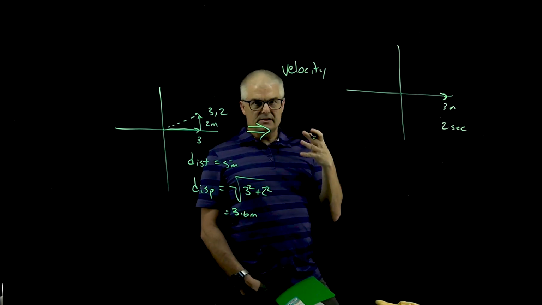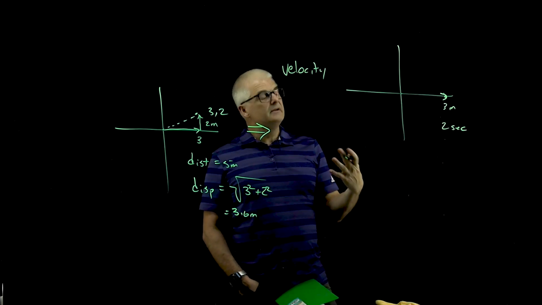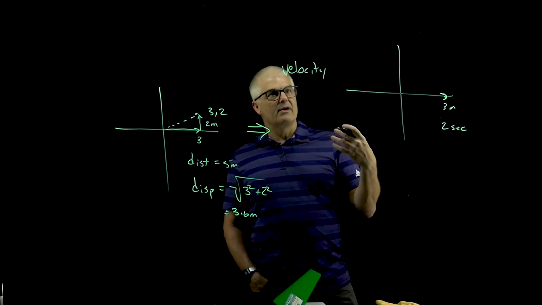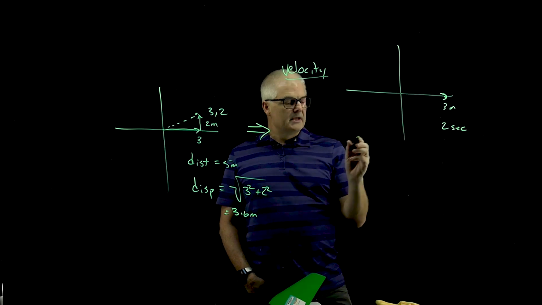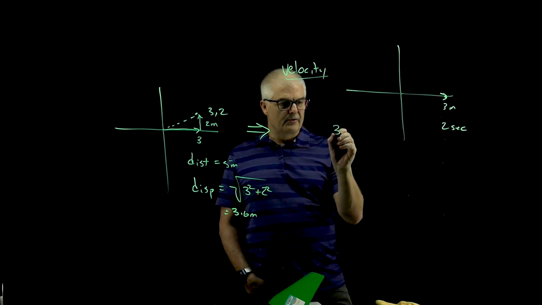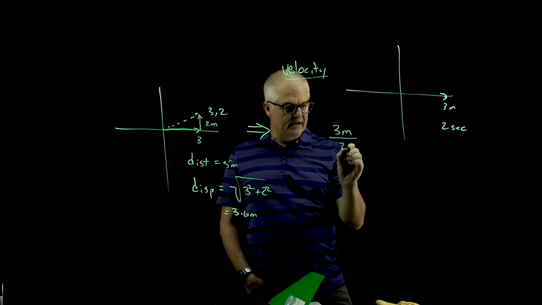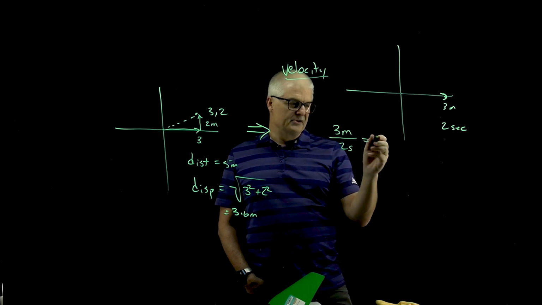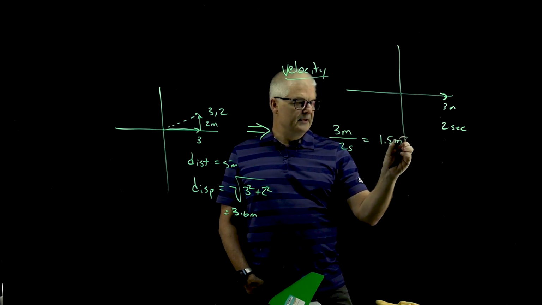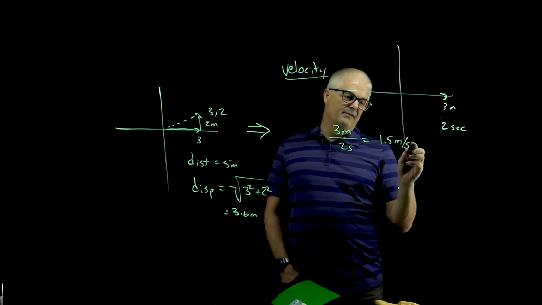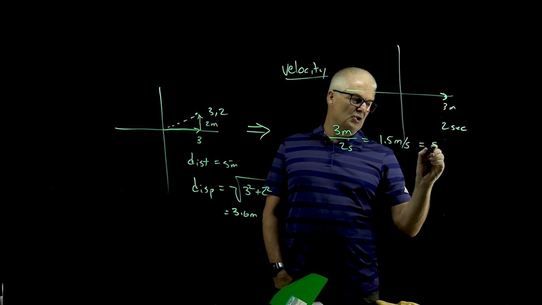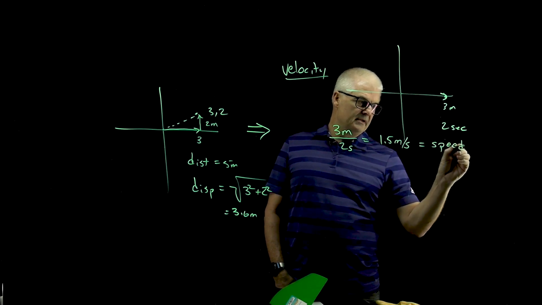That's their speed, or their velocity. We'll talk about the difference in a second. They have traveled 3 meters in 2 seconds, or 3 divided by 2, 1.5 meters per second. That person has traveled 1.5 meters per second, and that is called their speed.